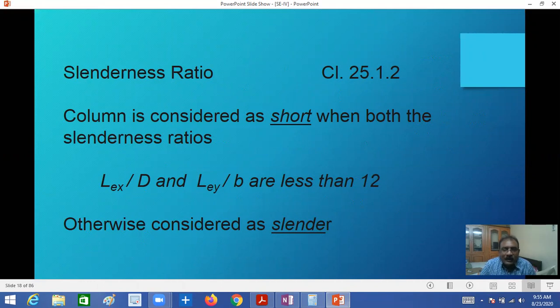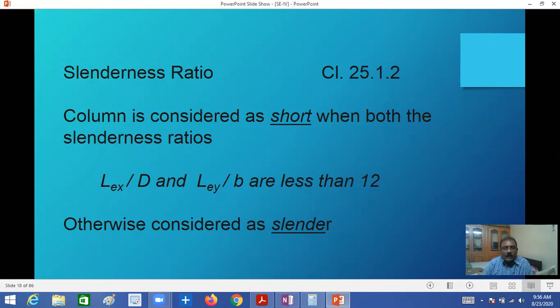It is defined by Lex by D or Ley by B, and it should not be more than 12. Whenever less than 12, that is a short column. If it is more than 12, it is slender, that is a long column.